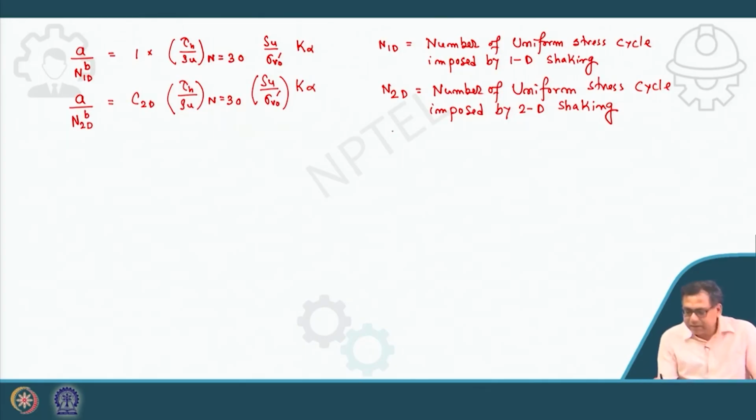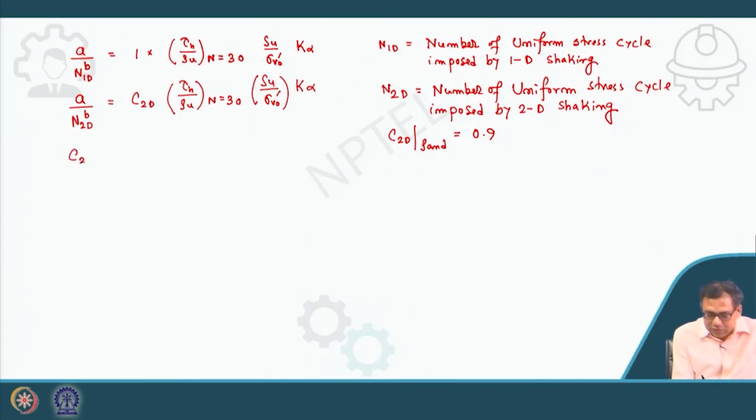As I mentioned, C2D for sand or sand-like soil is equal to 0.9. Now from here, if I divide these two equations, then these two will cancel, and A will also cancel for a particular soil type.